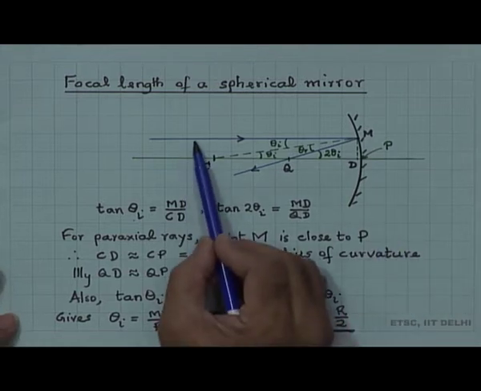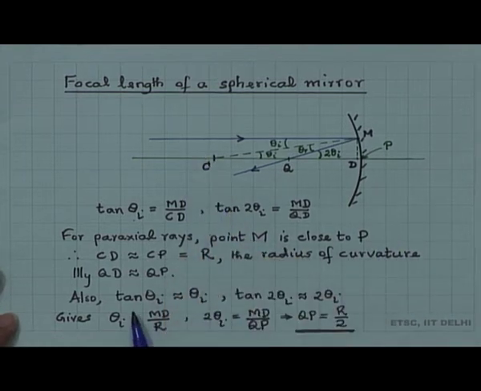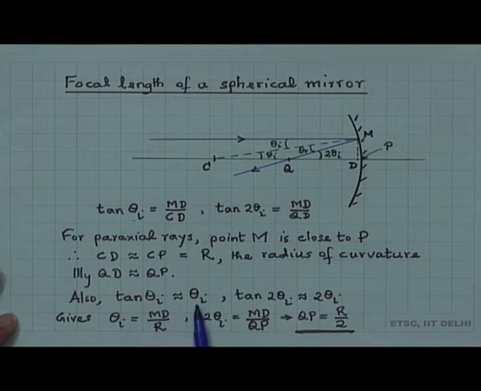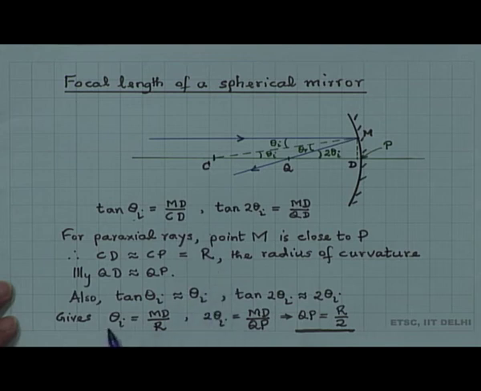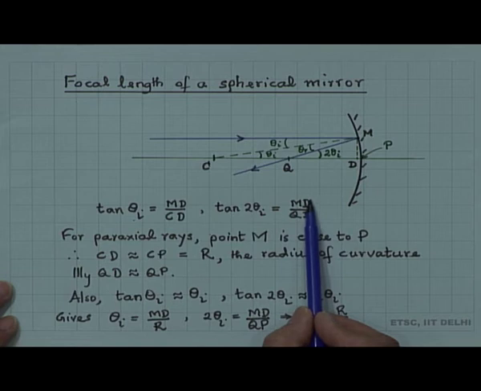Further, we are dealing with paraxial rays and therefore tan theta I is equal to theta I and tan 2 theta I is equal to 2 theta I. This gives us theta I is equal to MD by CD, which is CP, which is equal to R. So, theta I is equal to MD by R and 2 theta I is equal to MD by QP.